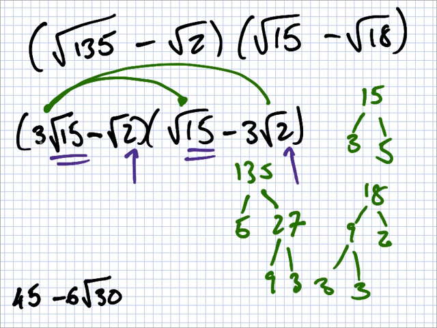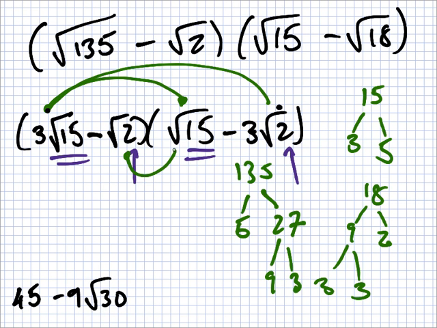Because, I've lost track of which one I'm multiplying. This one by this one. So 3 by 3 is 9, and root 15 by root 2, root 30. Okay.